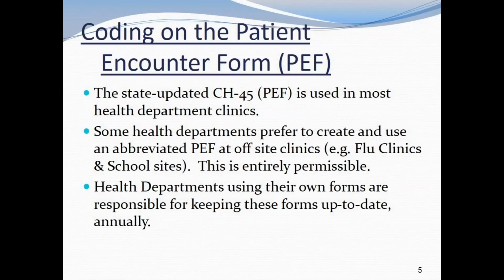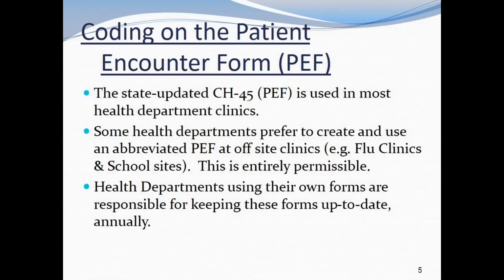Then we go into coding on the patient encounter form, or as we all call it, the PEF. It also has a number on it, which is the CH45. There is a state PEF, or state CH45. However, you can create your own and change it however you want.